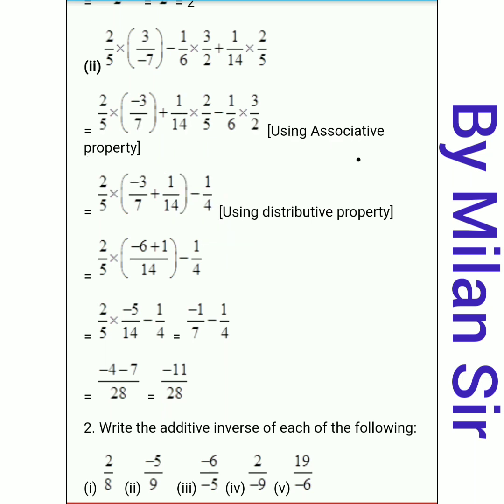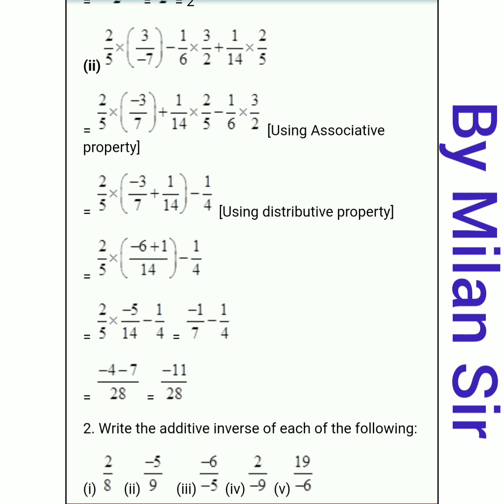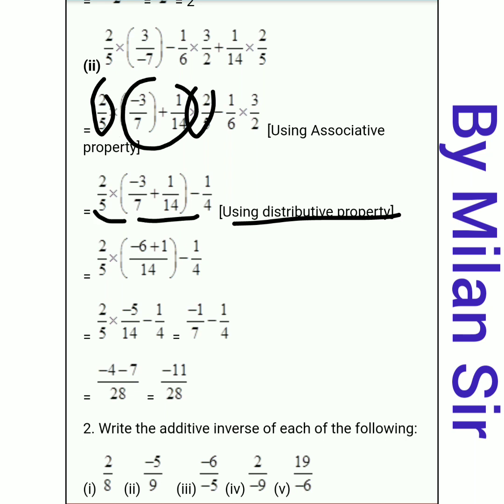So here now, one thing I forgot to inform you in question number 1, that is in second step we need to write this using distributive property. If we take 2 by 5 as a common and we combine these two terms, it is a distributive property.